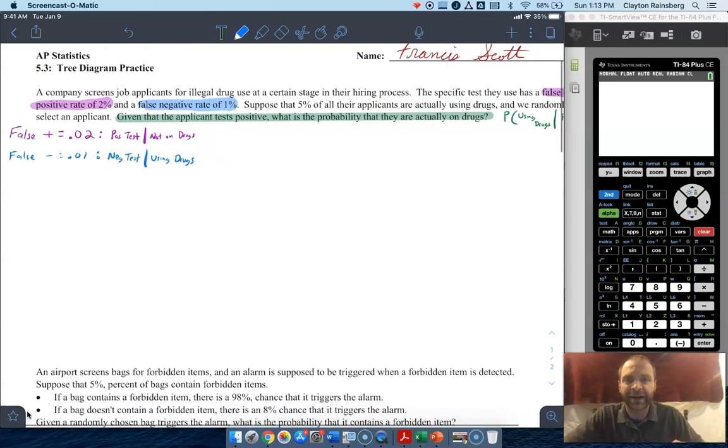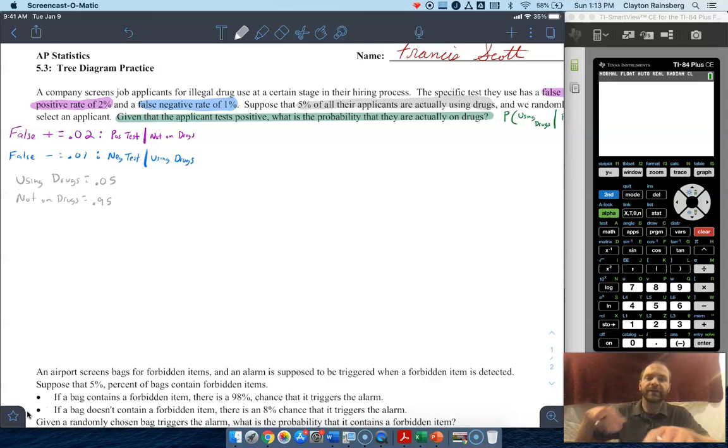Suppose 5% of the applicants are actually using drugs. So right here, 5% of the applicants are using drugs, so people who are using drugs is 0.05. Well, people not using drugs is going to be the complement rule, so not on drugs is going to be 0.95.